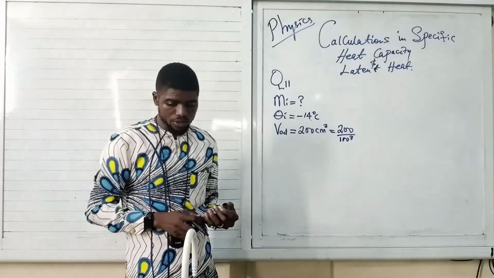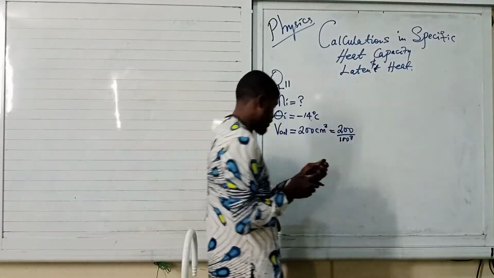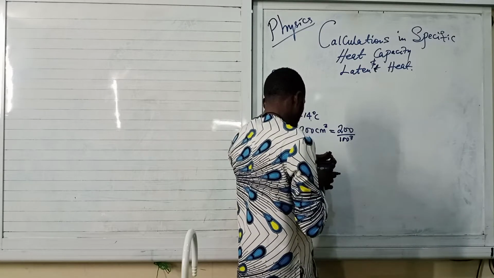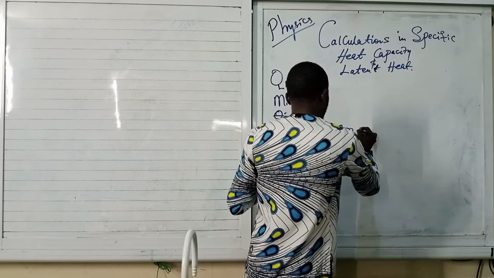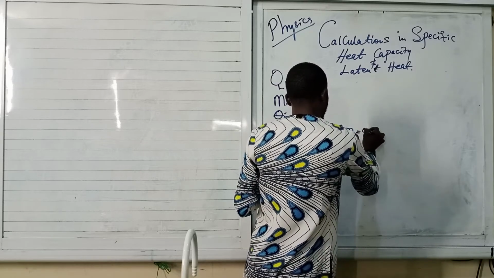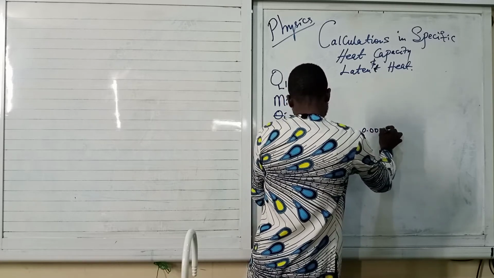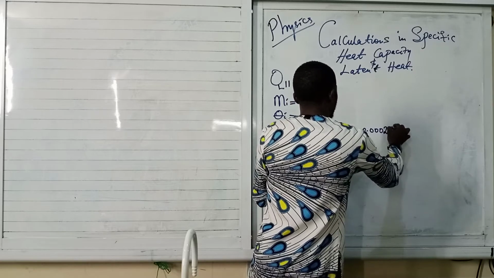So 200 divided by 100 raised to the power of 3 will give us 0.0002 meter cube.